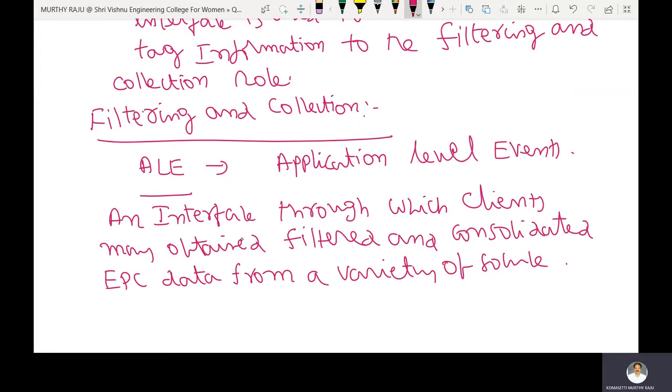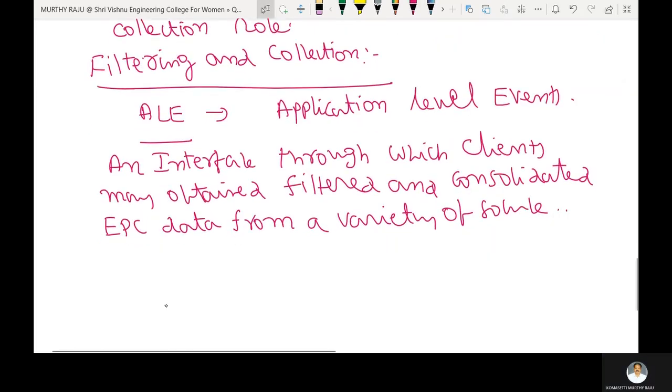The filter and collection module is also called ALE, application level event, an interface through which clients may obtain filtered and consolidated EPC data from a variety of sources.